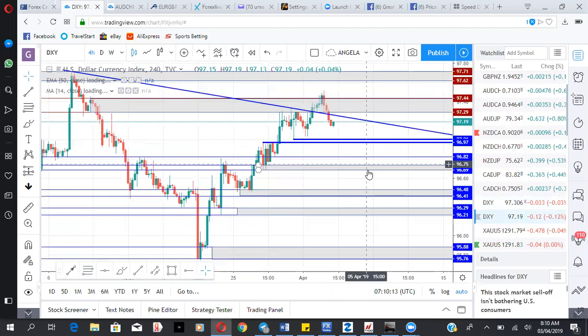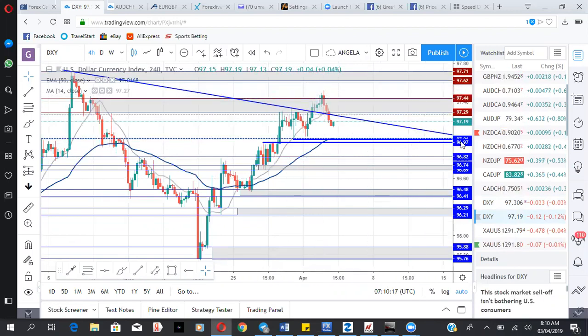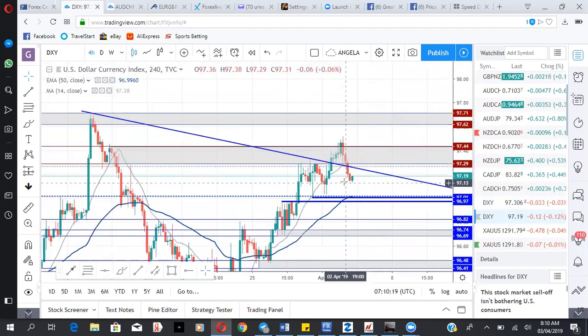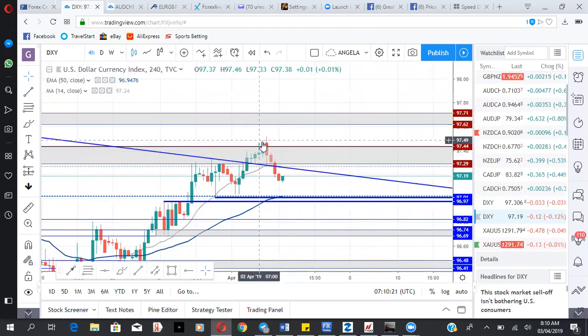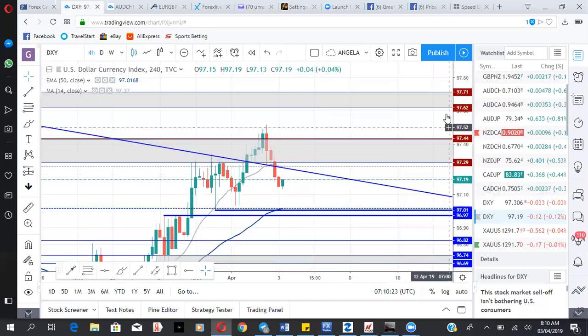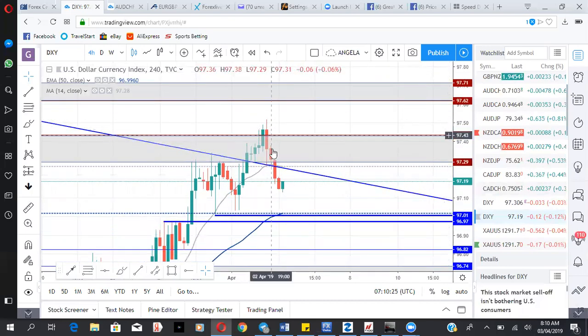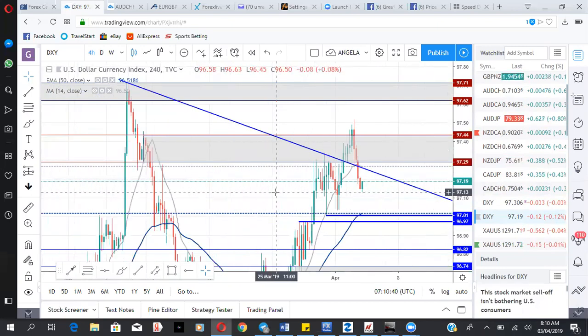That is a 4-hour. Looking at it, we can see price broke above this zone, but came back into that zone, creating this price pattern here. This is a bearish engulfing pattern. Although it had a bit of a longer lower wick, this trend line that was broken by price, I think the bounce from this trend line was what caused this, but price has closed back into that trend line.